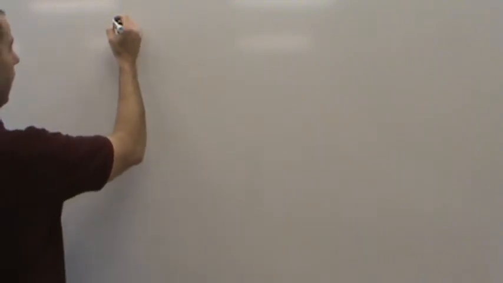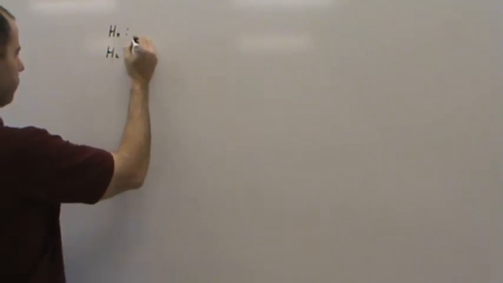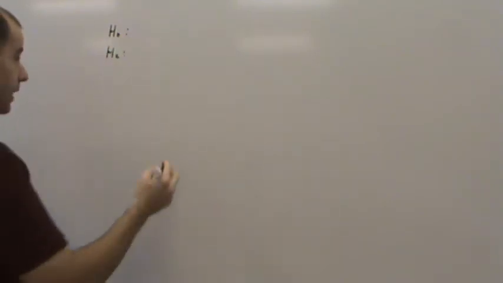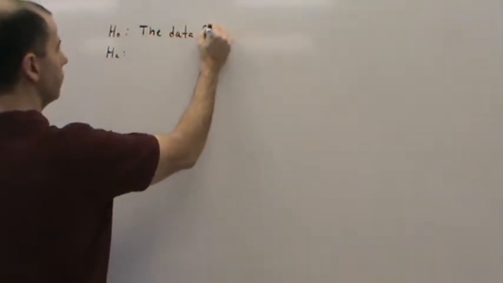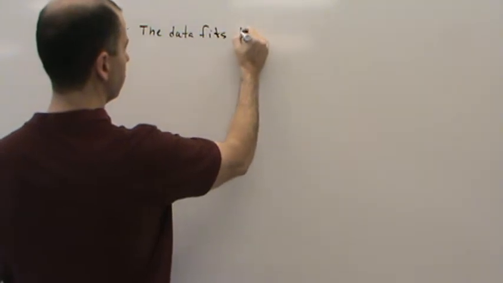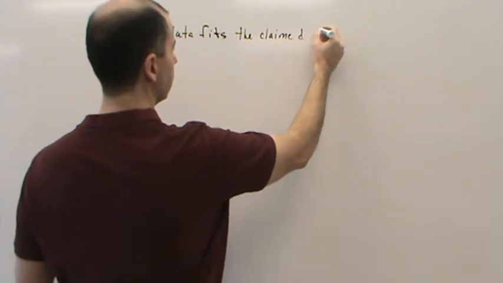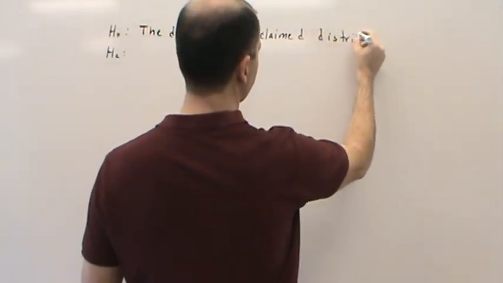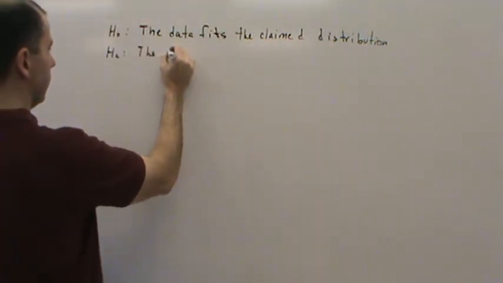Okay, and so now here are the hypotheses. These are the two hypotheses that we're going to have. The null hypothesis is always going to be that the data fits the claimed distribution, versus that the data doesn't fit.